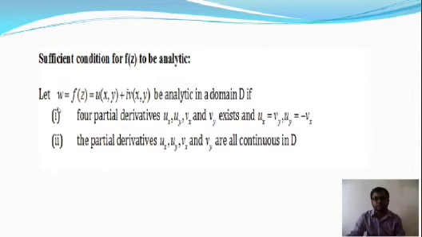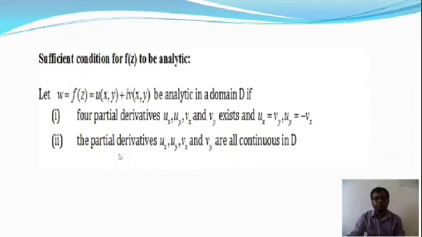So the function is said to be analytic if the four partial derivatives exist and satisfy the Cauchy-Riemann equation, and the partial derivatives are continuous in the domain D. Okay, so this is the necessary and sufficient condition.